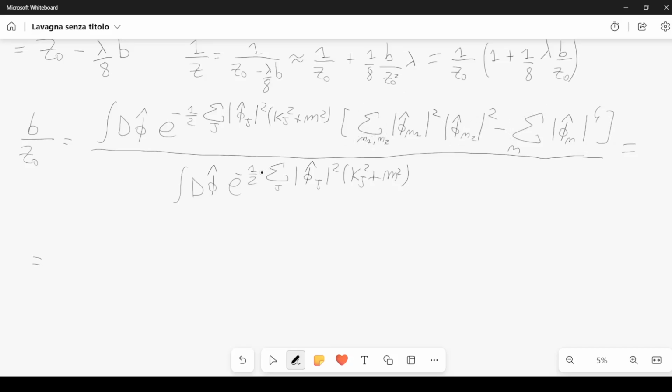But let's write it down. So if n1 is not equal to n2, what we get is the following summation over n1 not equal to n2, and basically it is just this summation here that we can put outside of the integral, then we integrate such variables.